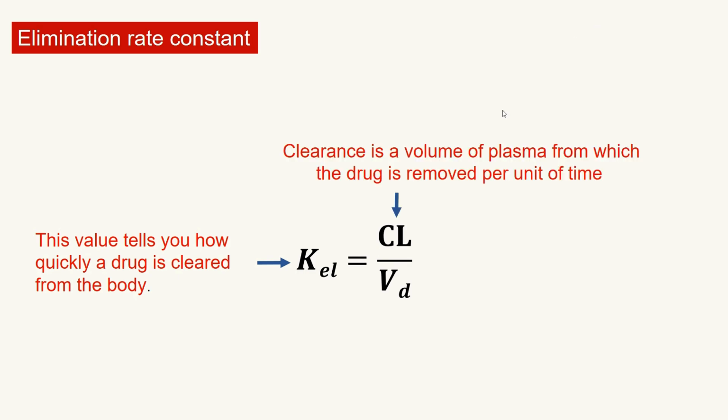In this formula you have CL, clearance. Clearance is the volume of plasma from which the drug is removed per unit time. And then of course, how much drug has spread throughout the body, that is the volume of distribution. So if you have these two, then you can calculate how quickly the drug is cleared from the body.